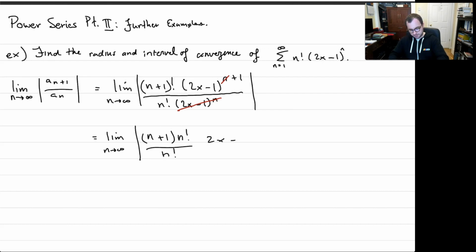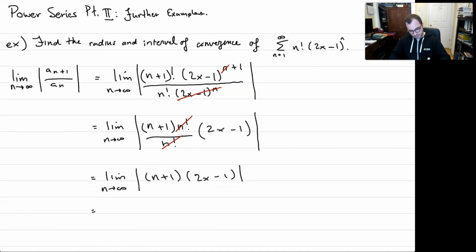And I have a 2x minus 1 left over. Beautiful. Now I'm going to cancel those n factorials, and I get (n plus 1) times (2x minus 1). Use the rules for absolute values.